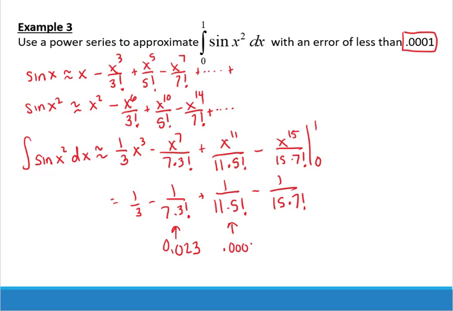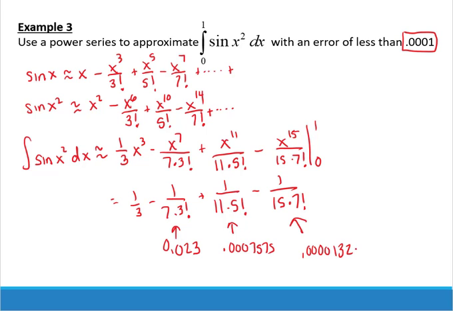So finally I plug in this value, and so I get 0.0000132275. So this is less than it. So this is my error. Remember, the error is found in the next term.